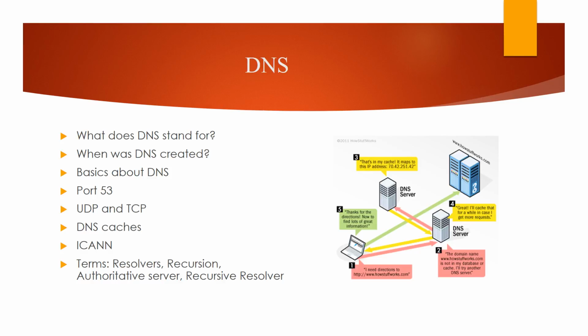Also, when talking about DNS, there are some terminologies out there, like resolver, which is a DNS client that sends the DNS message to obtain information about the requested domain namespace. You get recursion. Recursion is the action taken when a DNS server is asked to query on behalf of a DNS resolver. You have authoritative server.